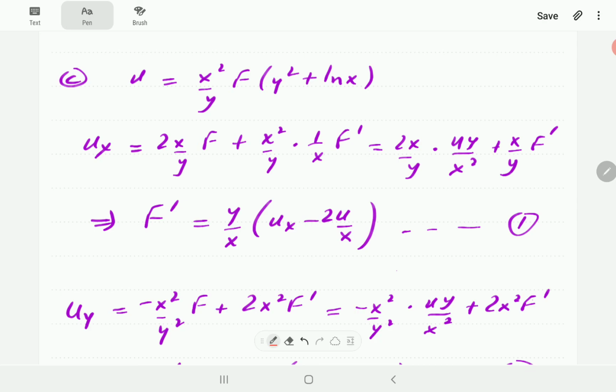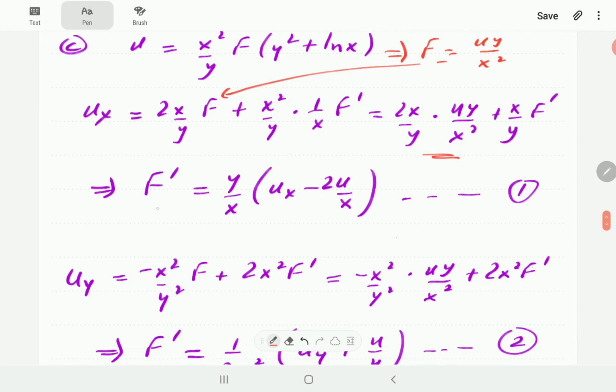And then from here we can make f the subject of the formula. So it's going to be uy over x squared. So then we're going to take this and plug it in there. So that's what we have here.